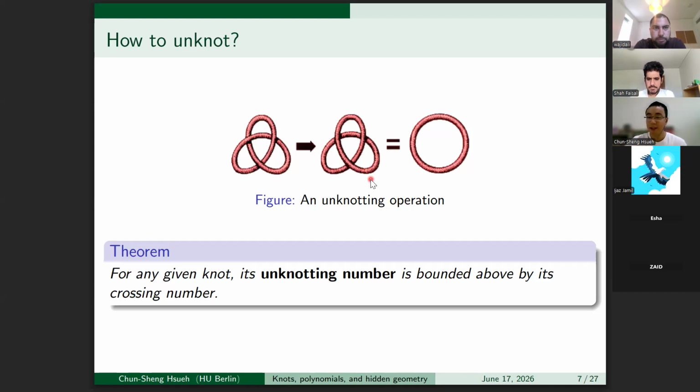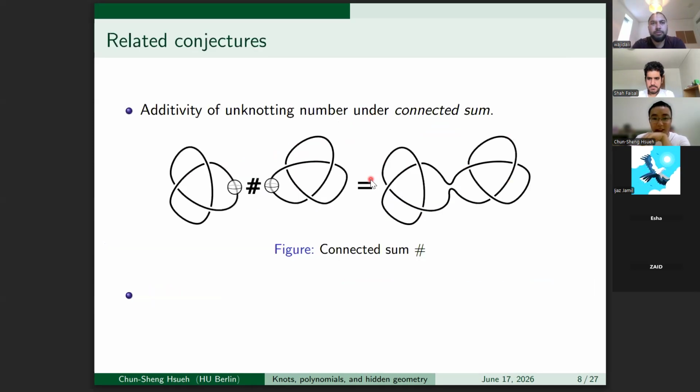Okay. So now I'm going to talk about a very classical conjecture about the unknotting number of knots. Here we have an operation that, given two knots, builds a third knot out of them. This is called the connected sum. There are some technical details of how this operation is well defined, but I'm not going into that.